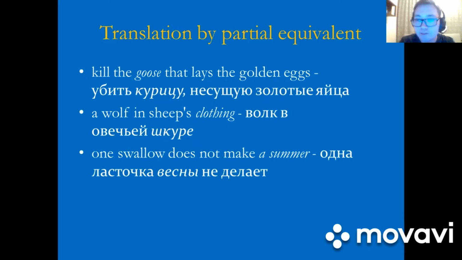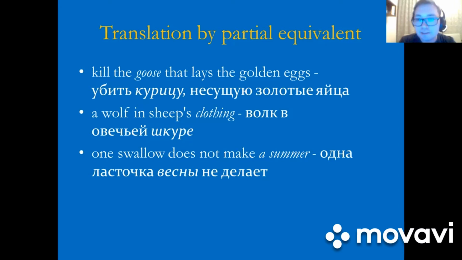In the English unit, the word goose is used, and in Russian we have kuritsa, which is chicken. So those are different animals, but in general, those two phraseological units are quite similar.